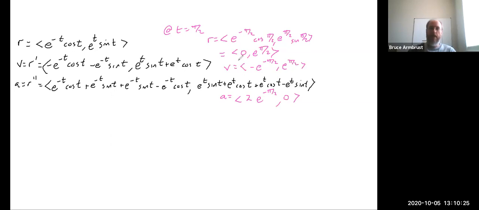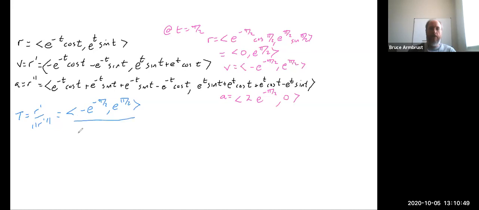So big T, I know, points in the direction of my velocity. So if this is my velocity vector, I just have to divide by its magnitude. Right? So T is r prime divided by the magnitude of r prime. Well, that's minus e to the minus pi over 2, comma, e to the pi over 2, divided by its magnitude.